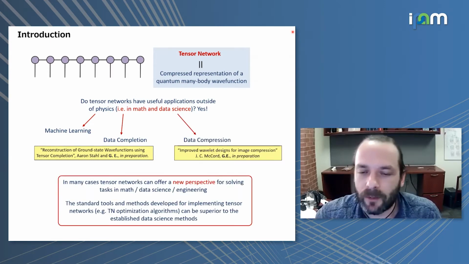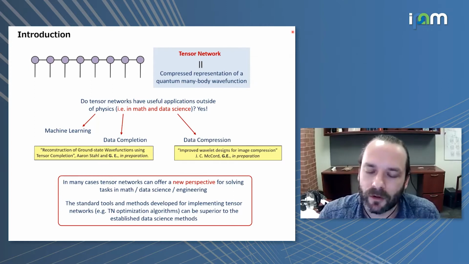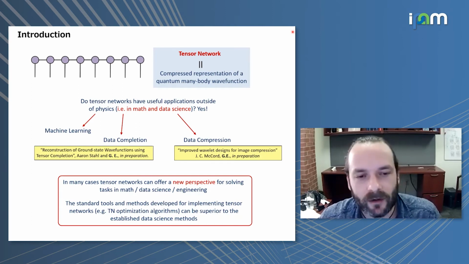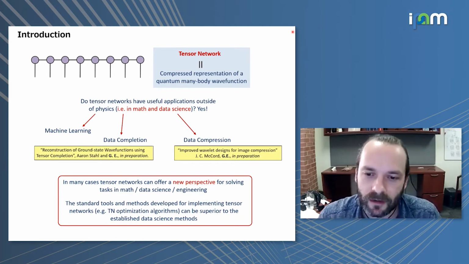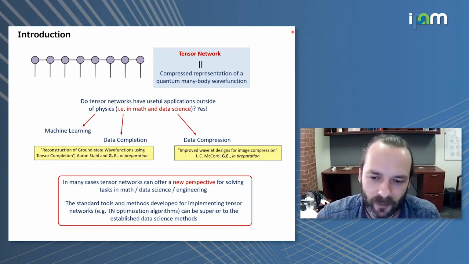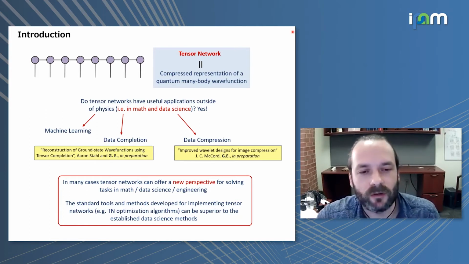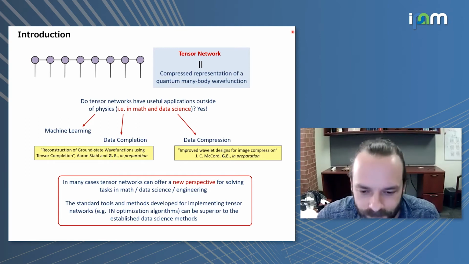But today I'm going to be talking about the use of tensor networks in designing better data compression routines, specifically focusing on image compression. This is work with James McCord, an undergraduate student at Georgia Tech, that we're in the final stages of writing up.